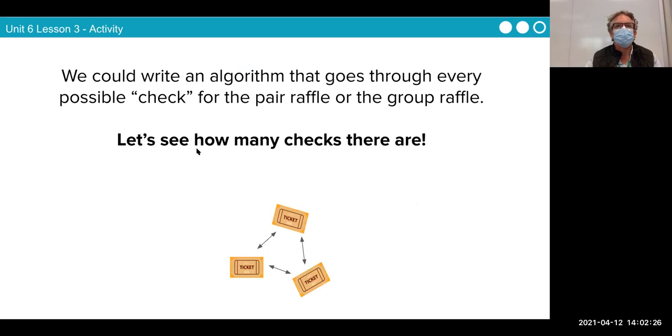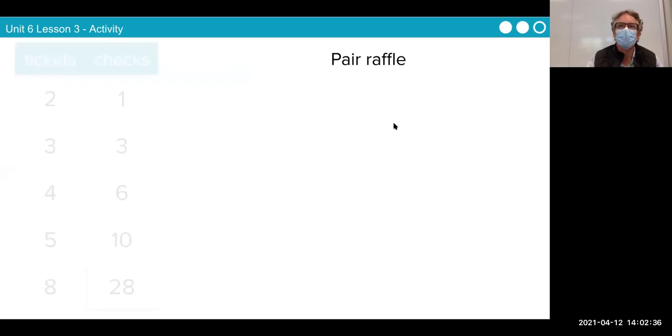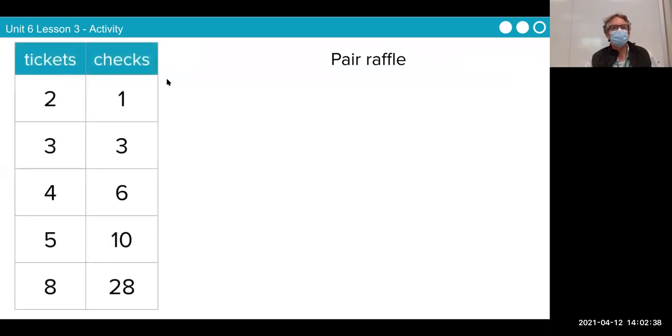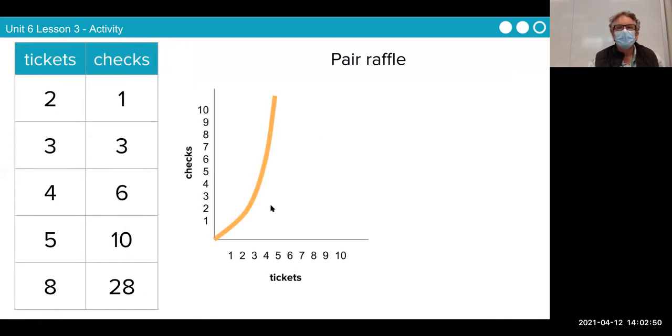You are correct. We could write an algorithm that goes through every possible check for the pair raffle or the group raffle. Let's see how many checks there are. So for the pair raffle, with 2 tickets, there's 1, 3 tickets, there's 3, 4 is 4, 5 is 10, 8 is 28. Not terrible, okay?